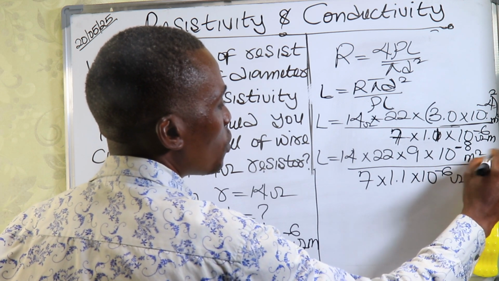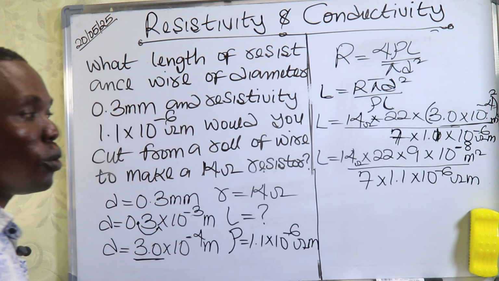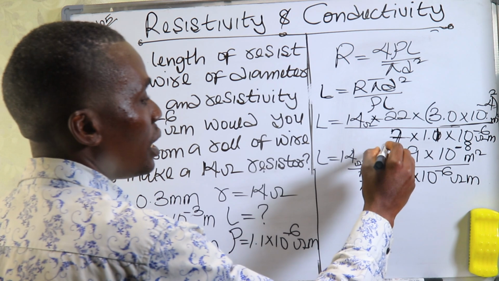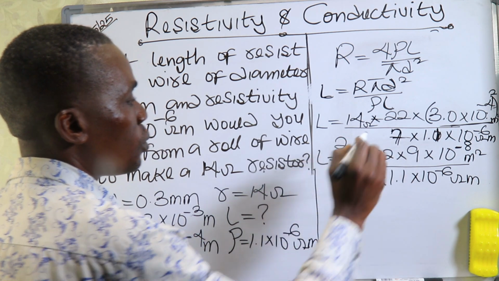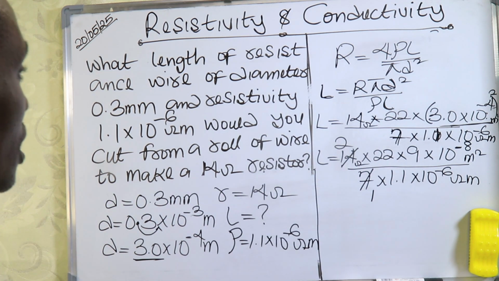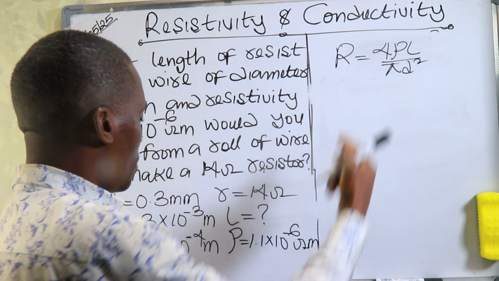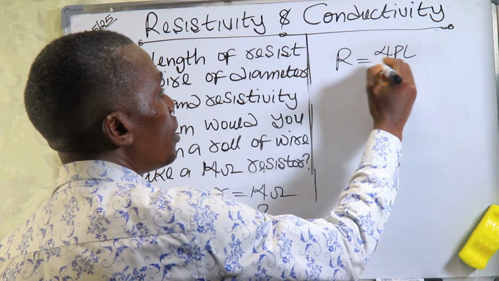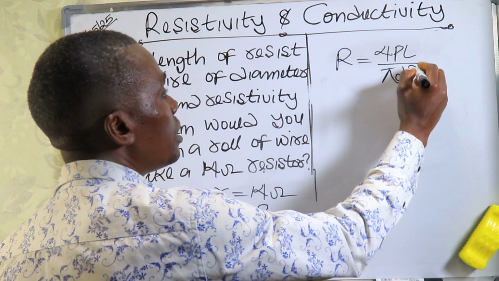This gives meter square over ohms meter. So the 7 here will cancel to give us 1, and the other gives us 2. What remains is 22, so we can still cancel something. So we use the formula R equals 4 rho L divided by pi d square.